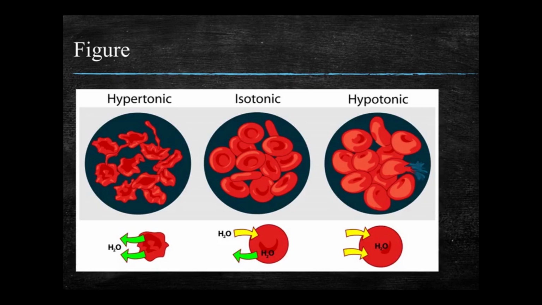In an isotonic solution, as the concentration of water molecules outside and inside the cells is the same, if water enters the cell, the same quantity of water will leave the cell. And the cell will remain normal. In a hypertonic solution, as there is more concentration of solute outside, water from inside the cell will leave the cell, and eventually the cell will shrink.